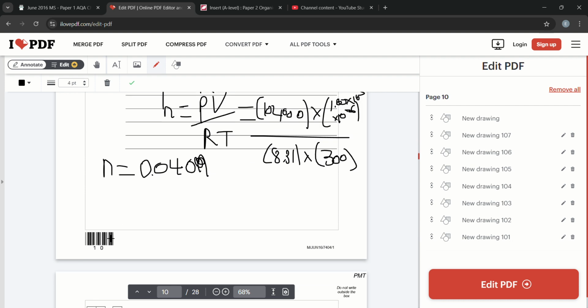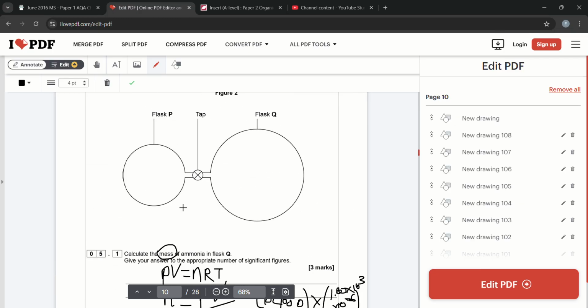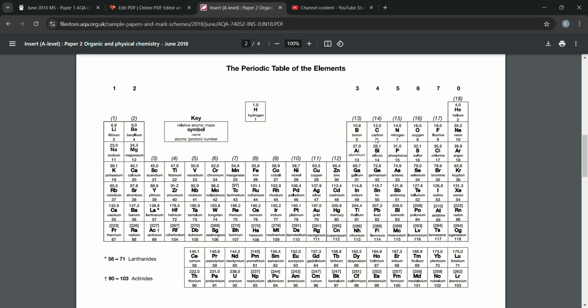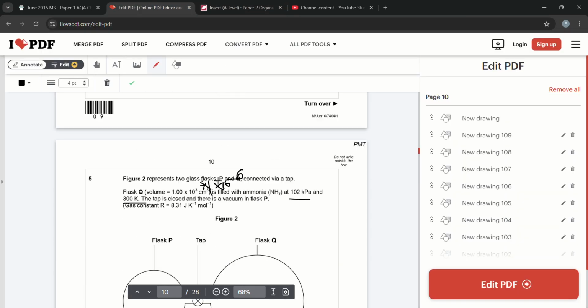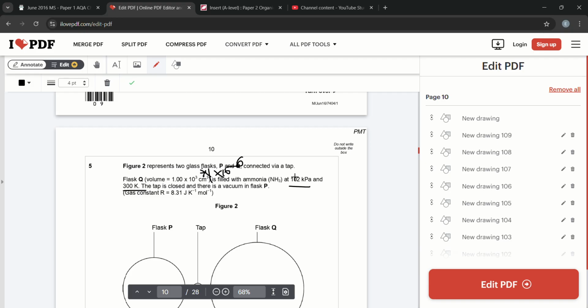So we know moles is mass over Mr. Mass is going to be the moles times the Mr of ammonia. What's the Mr of ammonia? Ammonia is NH3. Does it tell us in the question? Yeah, it does. So if you didn't know, which you should, it's given in the question.